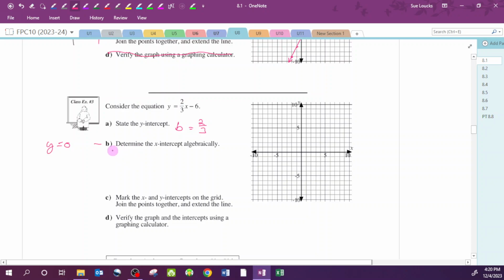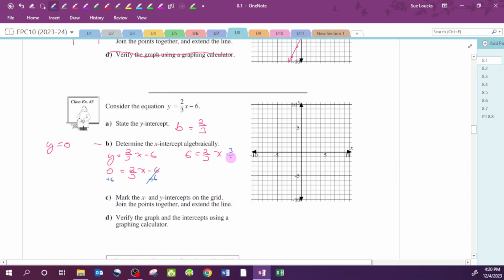So if I've got y equals 2 over 3x minus 6, I'm going to make that 0 equals 2 over 3x minus 6. So if I add 6 to this side and I add 6 to this side, I get 6 equals 2 over 3 times x.